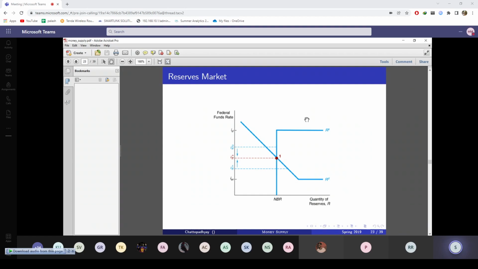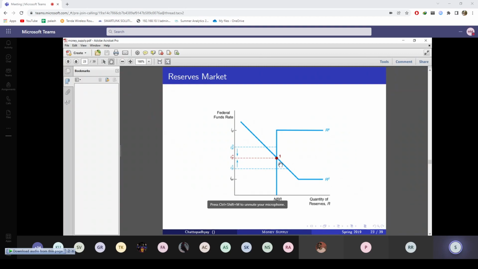And when they cannot get that, they also borrow from the central bank. So the interest rate the central bank charges the commercial bank when the borrowing requirement comes up is ID, which is the discount rate in the USA, and the repo rate in India.